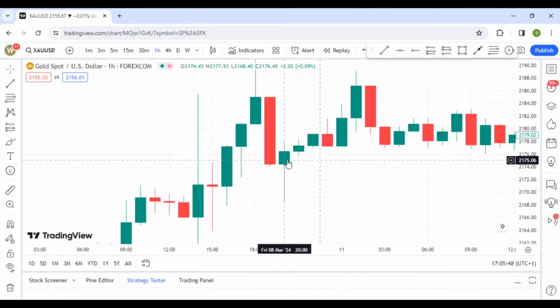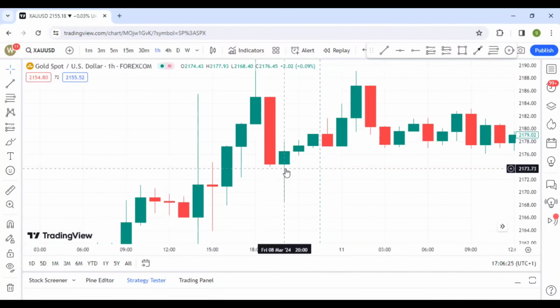What is the context? Similarly to the Dragonfly Doji, when the market opens, the bears, that is the sellers, continuously drag the price down during the session. When the price opens here, it drags down to this point, creating this lower wick. Eventually the buyers push it up, forming this kind of candlestick.